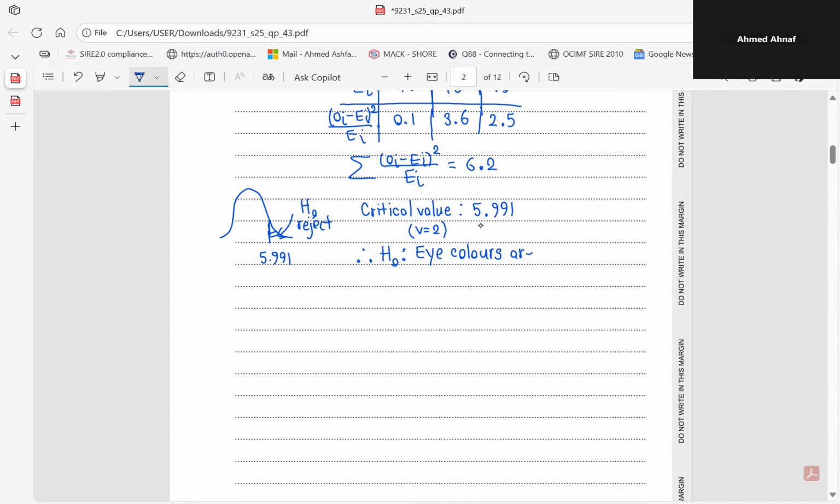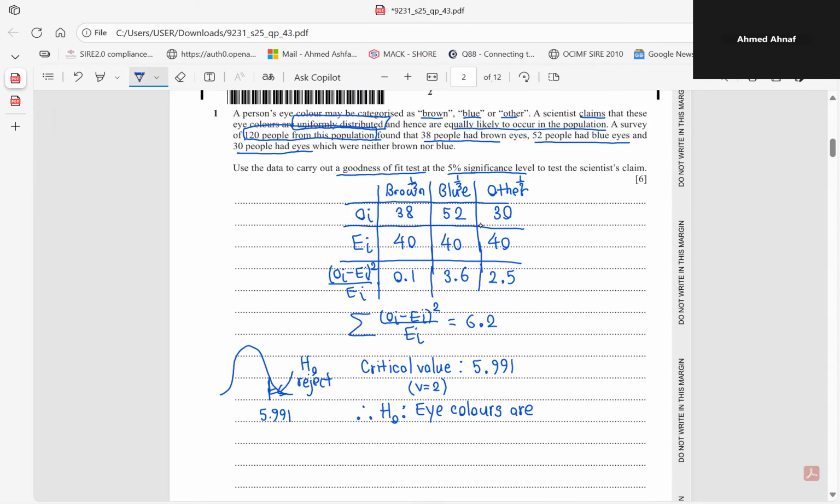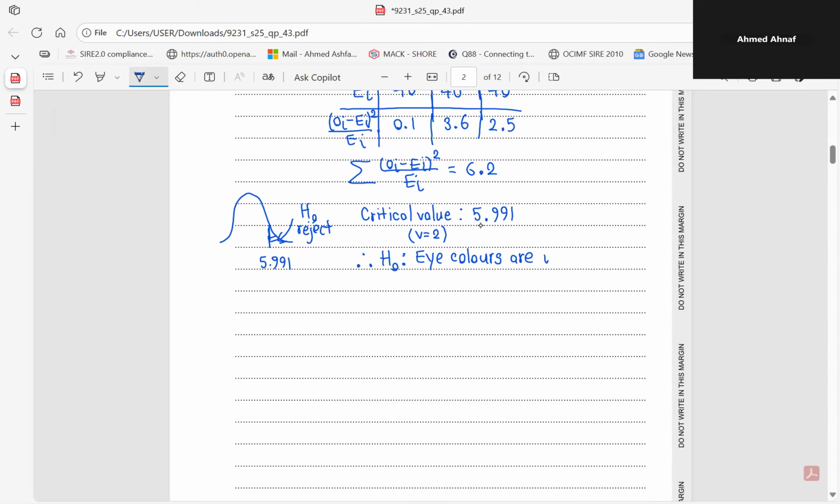By the way, this is supposed to be the first step, so pardon me for this mistake. The alternative hypothesis is that eye colors are not uniformly distributed.